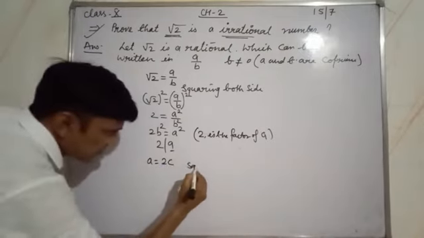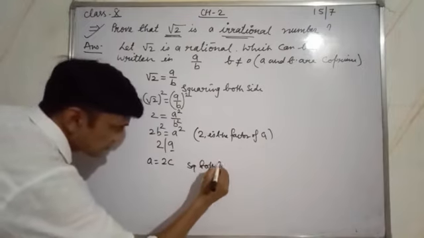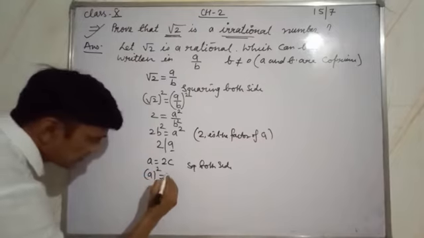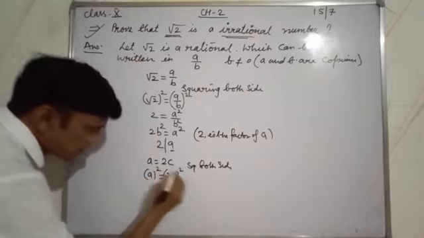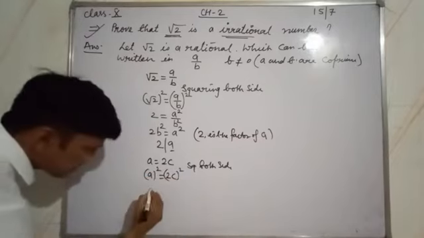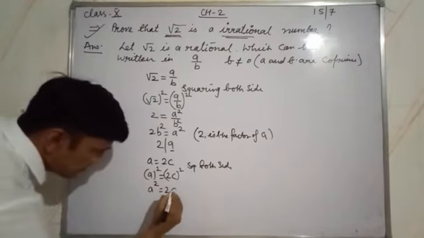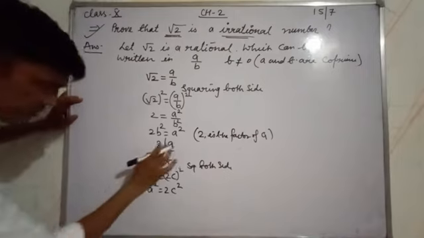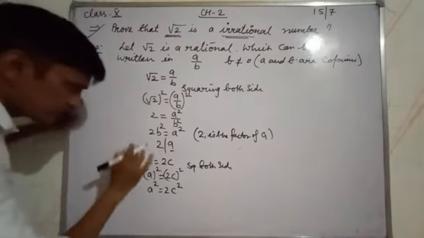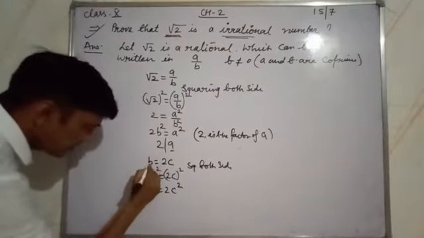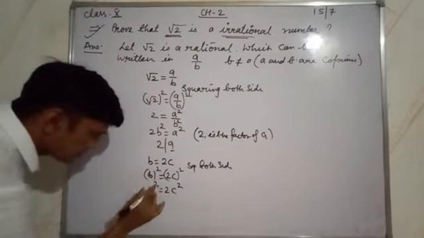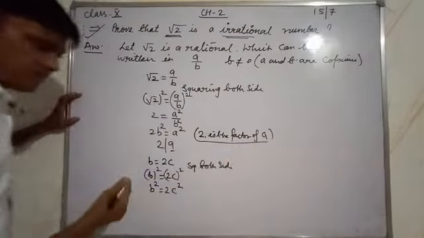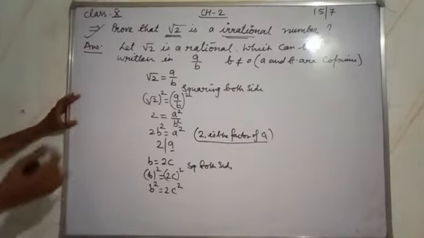Again squaring both sides: a squared is equal to 2c squared. Here again, b squared is divisible by 2, because we assumed a is equal to 2c. Since we got that 2 is a factor of a, now we get that 2 is also a factor of b.